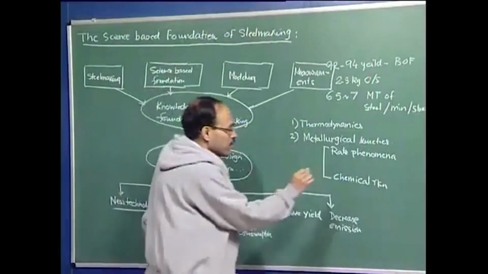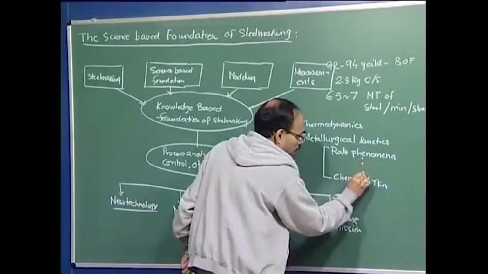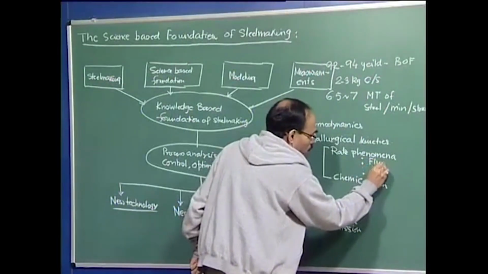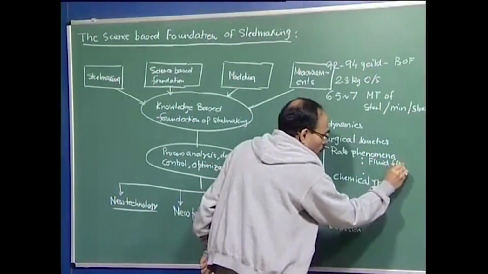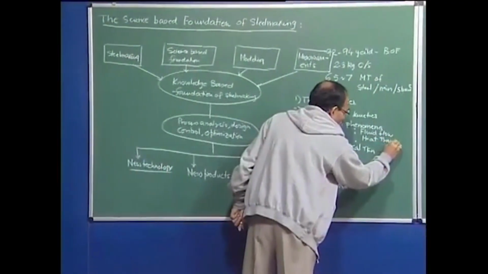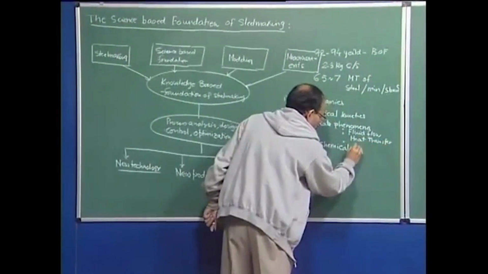Rate phenomena again can be divided into 3 sections. We can say fluid flow, heat transfer, and mass transfer.